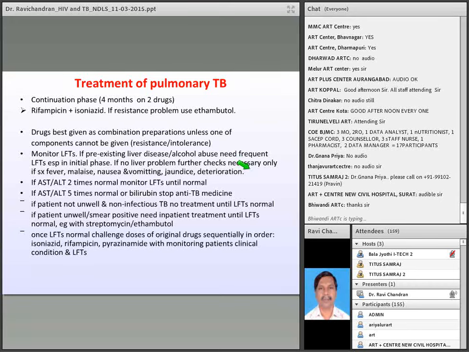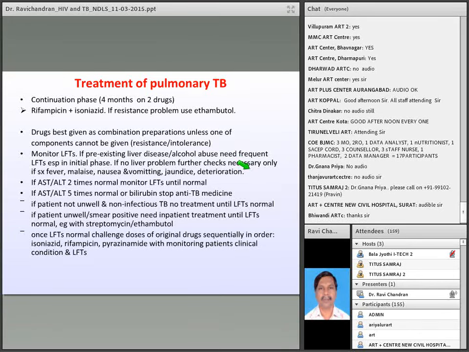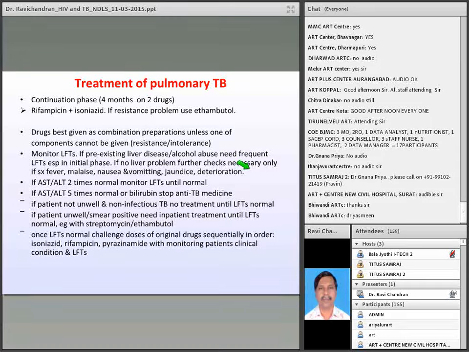If the patient is not unwell and non-infectious, TB treatment can be stopped until LFT becomes normal. If patient is unwell, smear positive, need inpatient treatment until LFT becomes normal and we can start streptomycin and ethambutol.